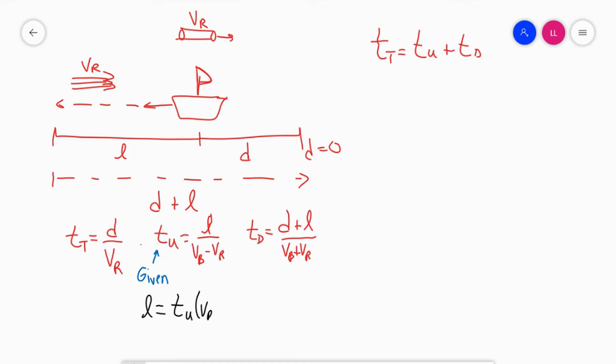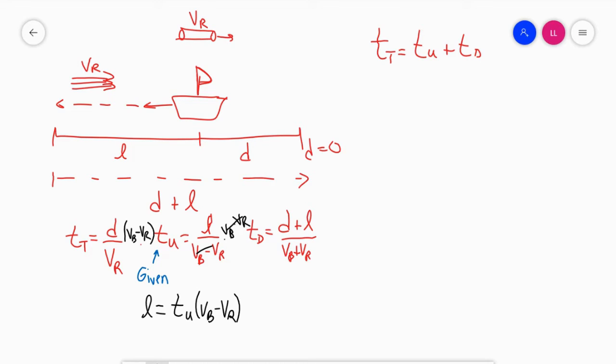All we do is multiply by VB minus VR, so I get L. This distance is just the upstream time times VB minus VR. Remember, the upstream time is the time that was given to us.